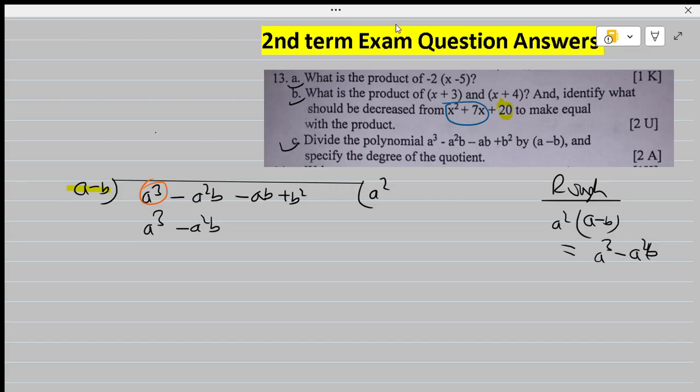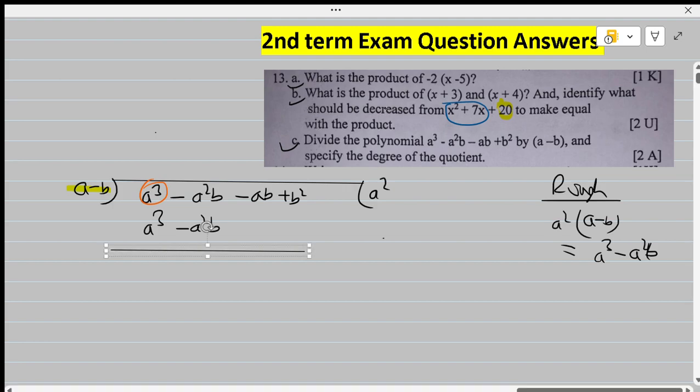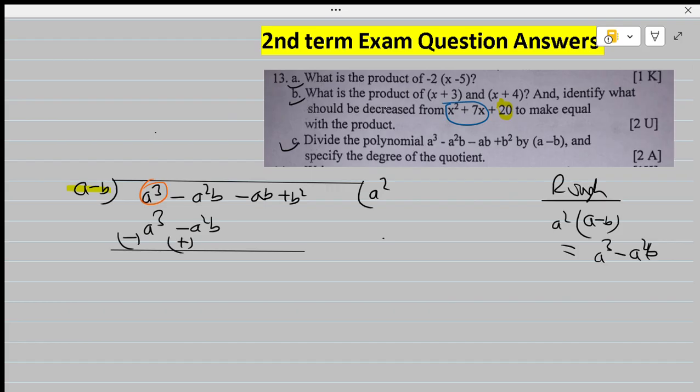Then make a line and change the signs: plus a cube changes to minus a cube, minus a square b changes to plus a square b. You can cancel the a cube and the a square b. After cancelling, there remains minus ab plus b square.